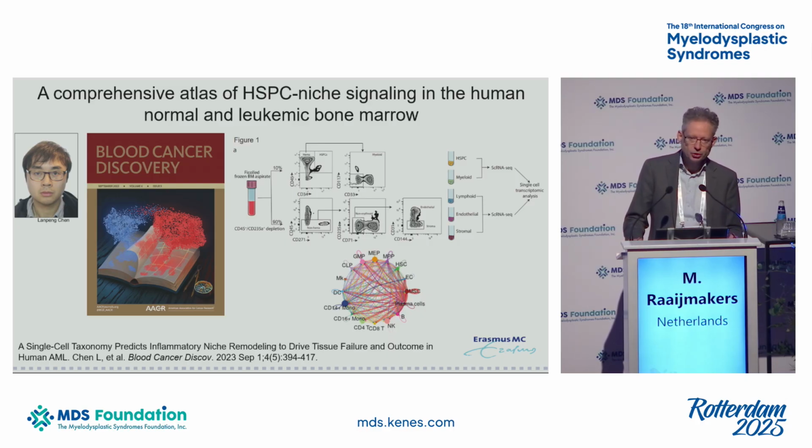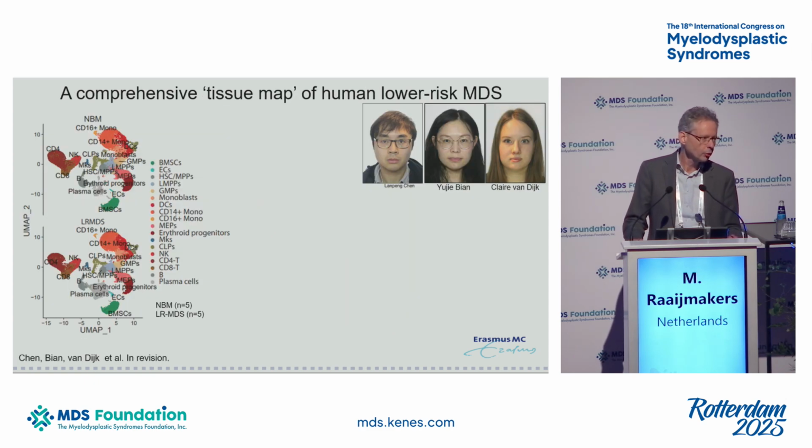And this approach we have now also used in lower-risk MDS. So what you see here is data from the normal bone marrow. These are 5 donors of normal bone marrow and low-risk MDS. This is composite data of 5 low-risk MDS patients at diagnosis. These were mostly SF3B1 and or TET2 mutated.